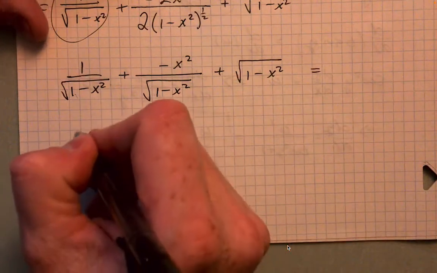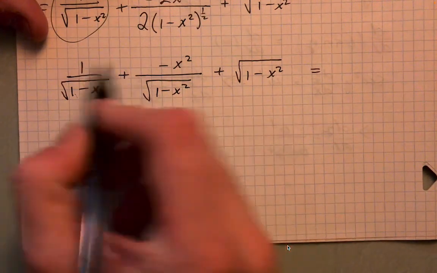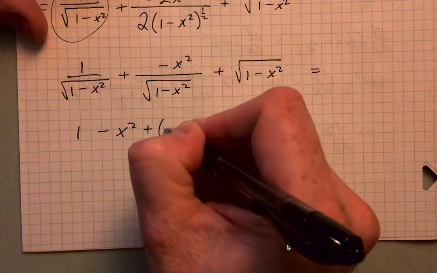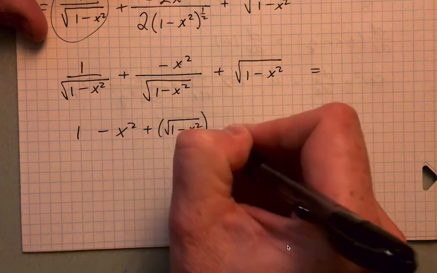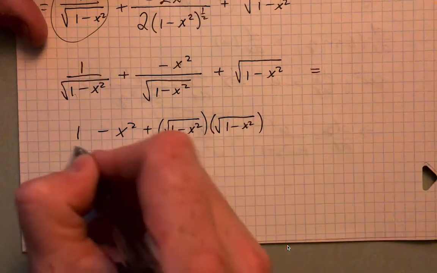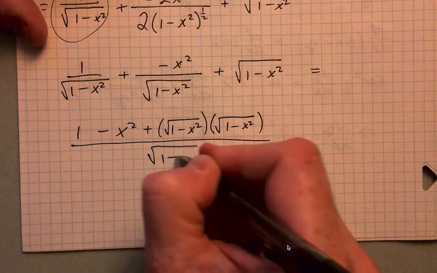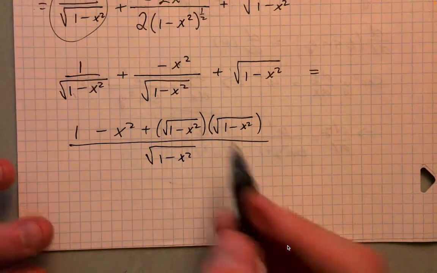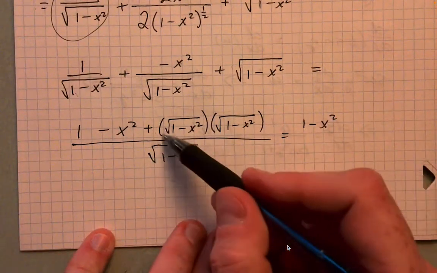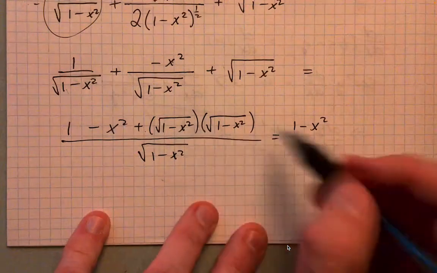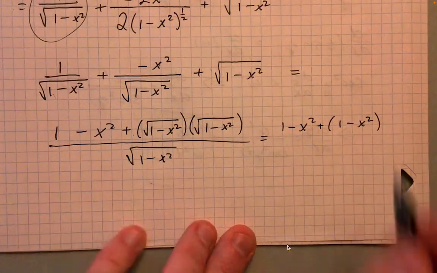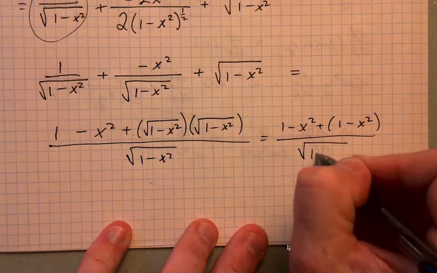So I've got 1 minus x squared here, and then I've got to multiply this like that, right? And that's all over 1 minus x squared. And so I get 1 minus x squared, and then what is this? Well, this is just the same thing, so this just becomes plus 1 minus x squared all over the square root of 1 minus x squared.